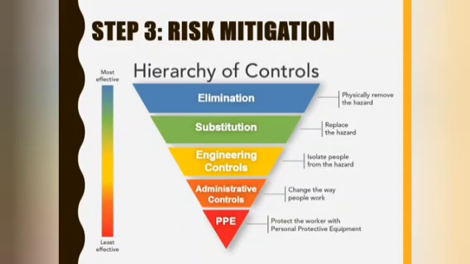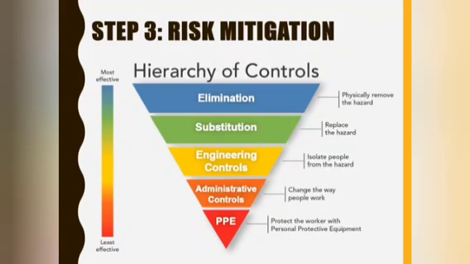First is elimination, that is, to physically remove the hazard. Next is substitution, where the hazard is replaced with a non-hazardous substitute. The third is engineering controls, where structurally the hazard is separated from people.